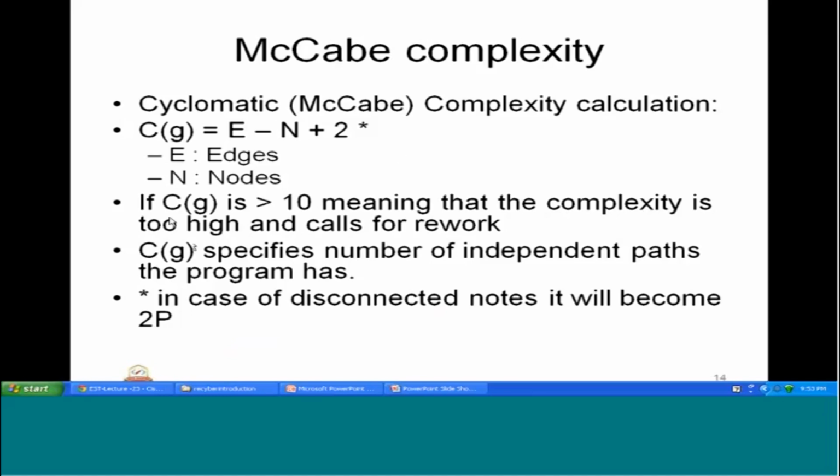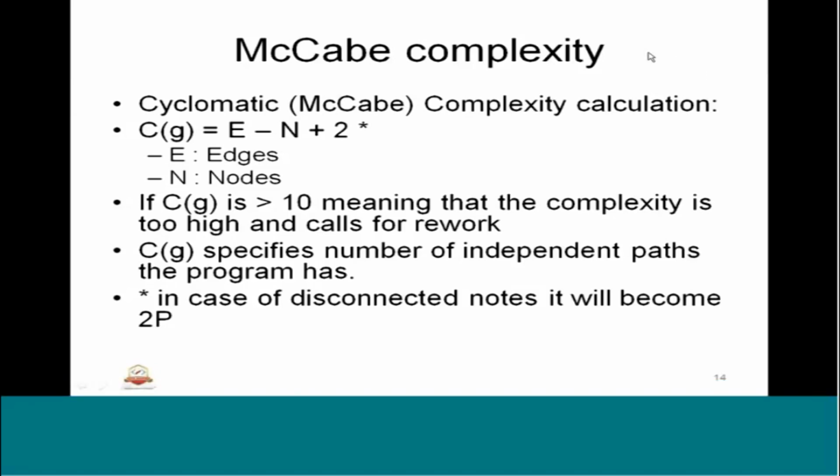Okay. So McCabe complexity is also called cyclomatic complexity, and how it is calculated is E minus N plus 2. So E is nothing but edges, N is nothing but nodes. I'll try to depict this way.